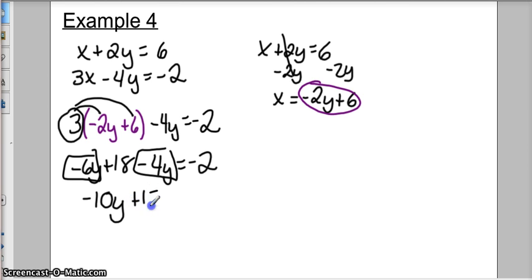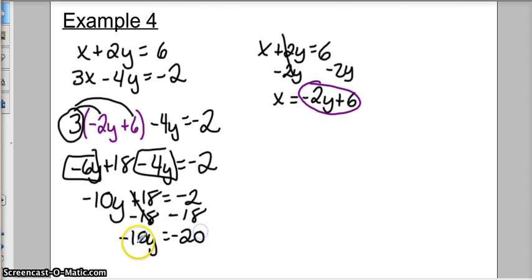Bring down my plus 18 equals negative 2. Continue to solve, so I'm going to subtract 18, so negative 10y equals negative 20. Divide by negative 10, divide by negative 10, y equals positive 2.